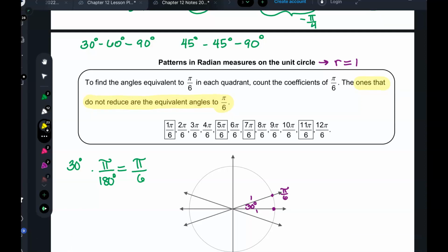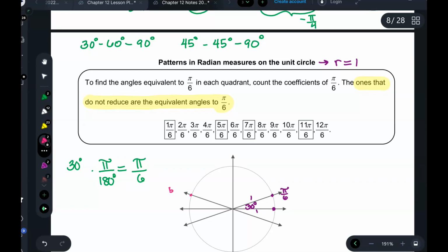So this is 1 pi over 6. 2 pi over 6 would be here, but does that reduce? Yes. So the next one would be 3 pi over 6. Does that reduce? Yes. 4 pi over 6, does that reduce? 5 pi over 6, no, that doesn't. That's going to be our next angle right there.